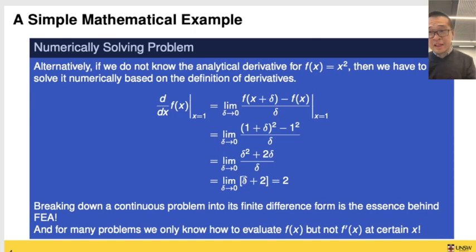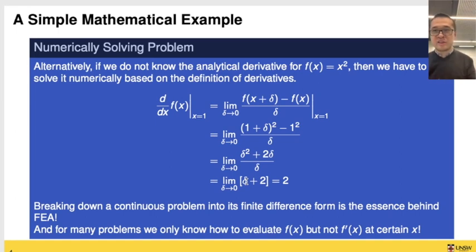Now, in this case, we can take the limit as delta goes to 0, which gives you 2, the derivative of x squared at x equal to 1. But in many computer algorithms where you can't actually take the limit, you give delta a very small number, as I said before.